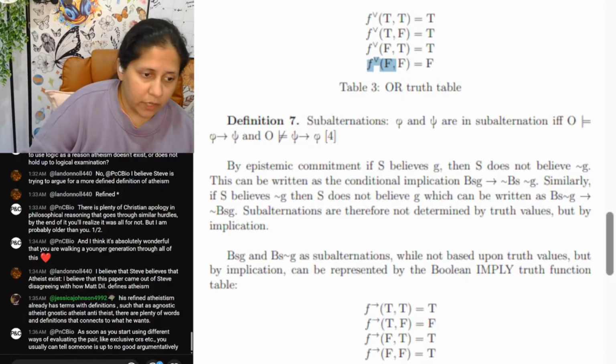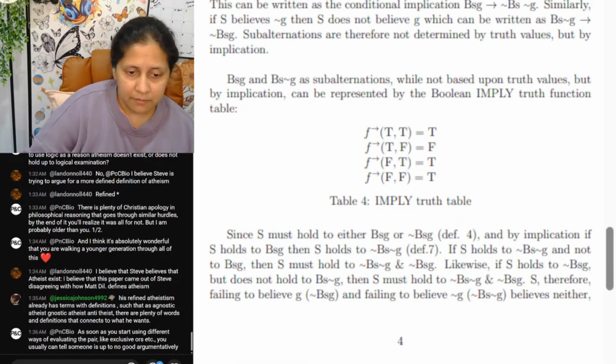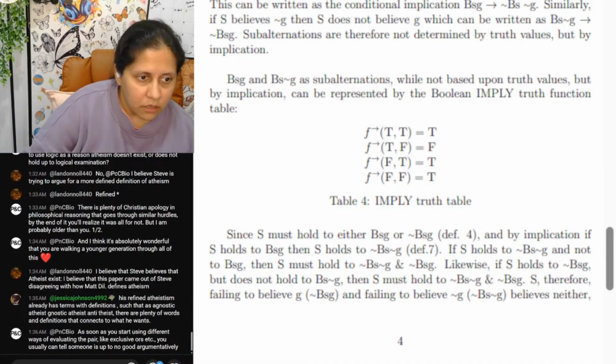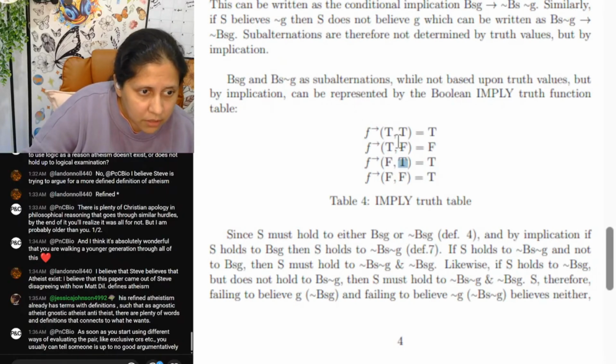The table over here, right? That's what it's saying. If both are true, then true. If one of them is false, false. If the first one is true and the second one is false, then it's false. Okay, hold on.